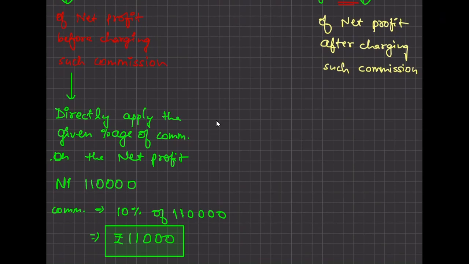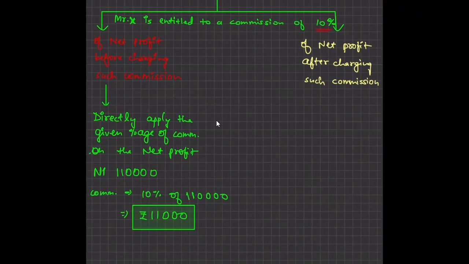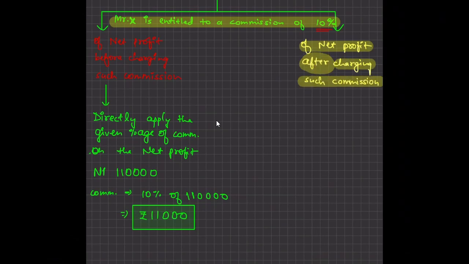This is the traditional one, the normal one which we do in the normal way. We have directly applied the percentage. But if they say that Mr. X is entitled to a commission of 10% of net profit after charging such commission, that means what?